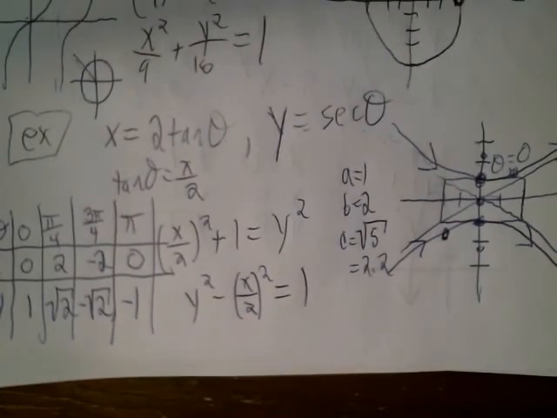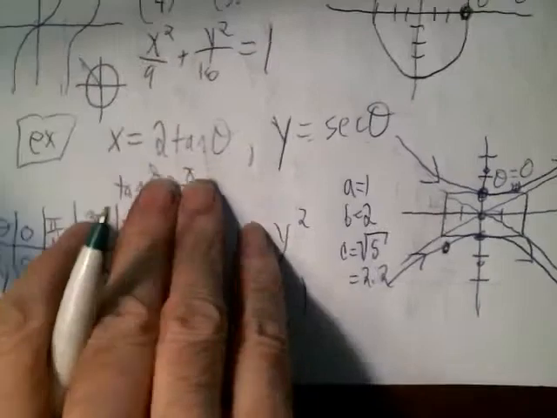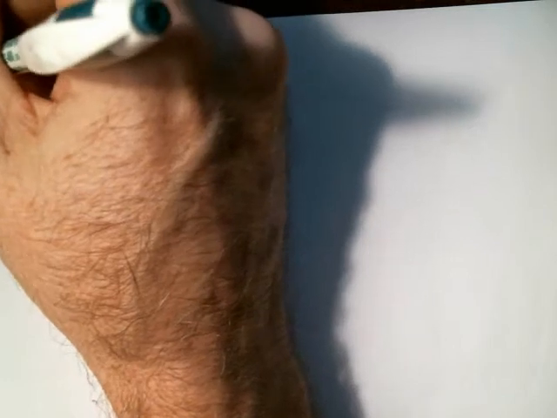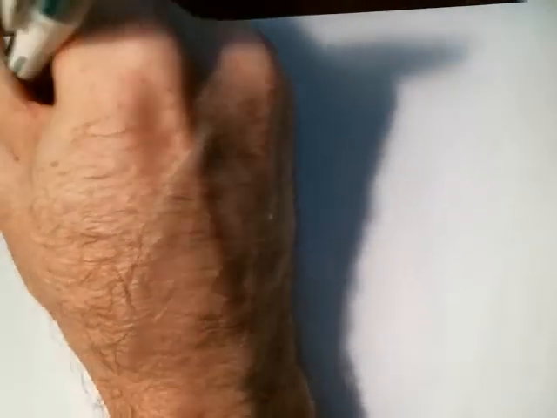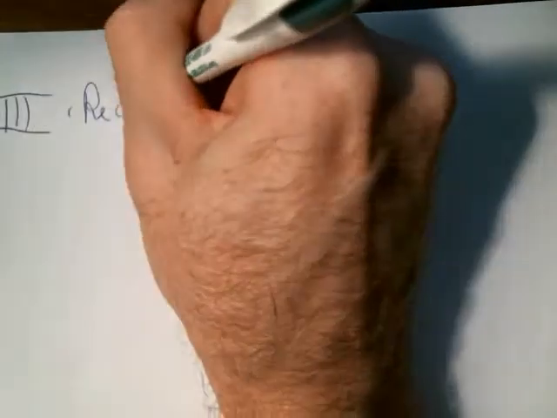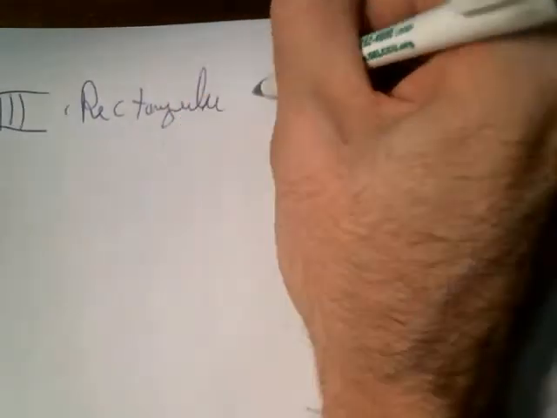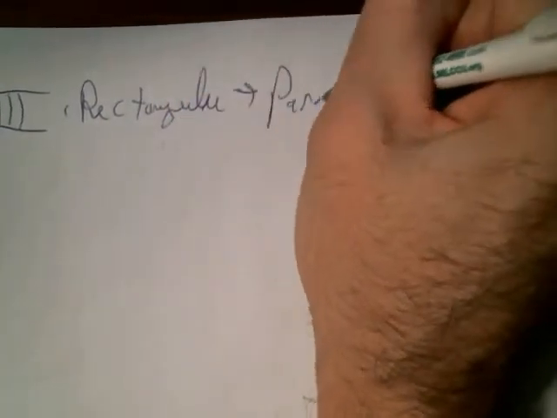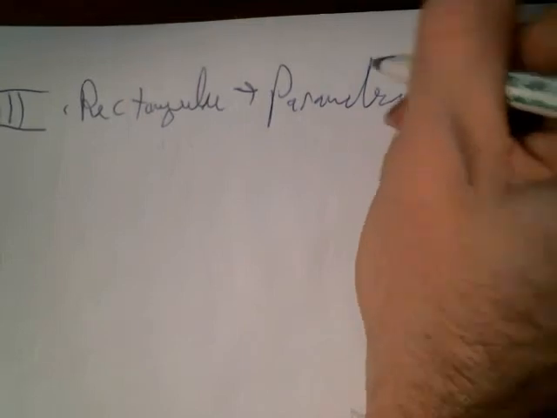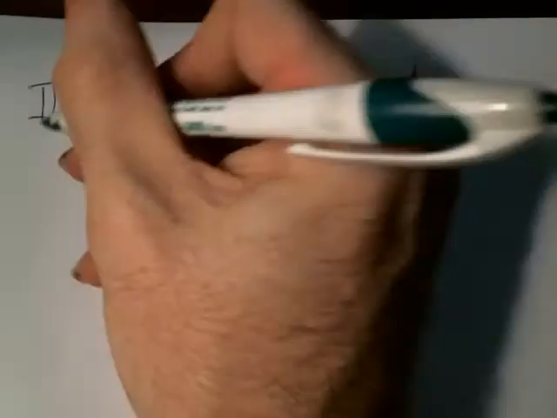Okay. The last section then is kind of doing rectangular to parametric. So 2, 3. There's always a very quick way to accomplish this.